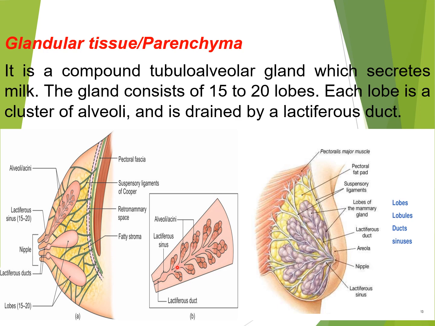Okay, grape-like clusters. So the area of the breast parenchyma drained by one terminal duct is known as the lobule. Okay, the lobule. So these are the things which you have to remember in case of the glandular tissue.